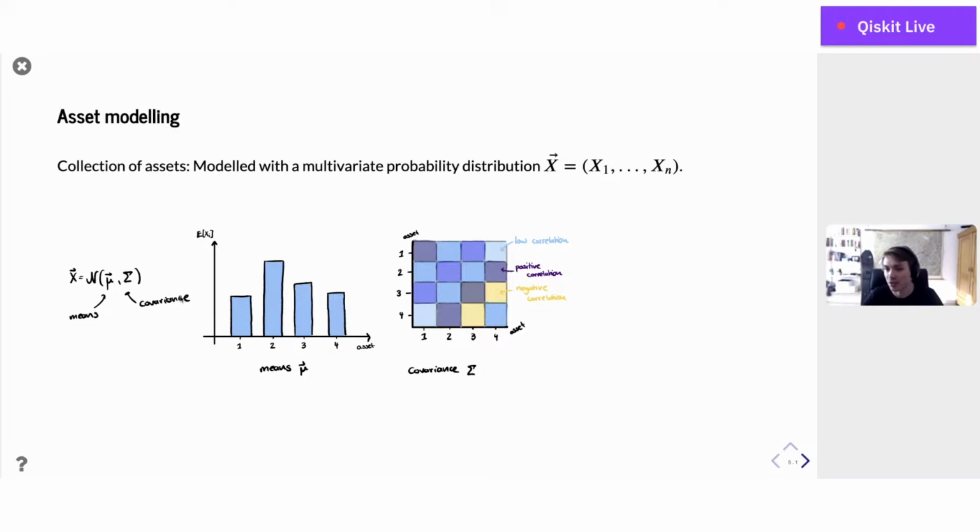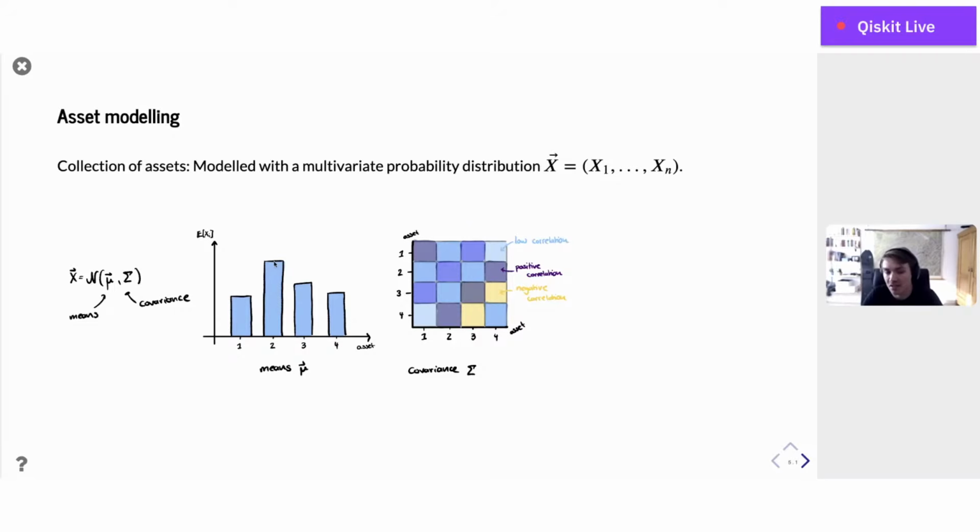Now we can have a look at what these values are and how they characterize the distribution that we have at hand. So the vector mu of means is nothing but the expected value of a single variable. In this case, where we have 4 assets, the first asset has an expected return, or a mean value, that's here.